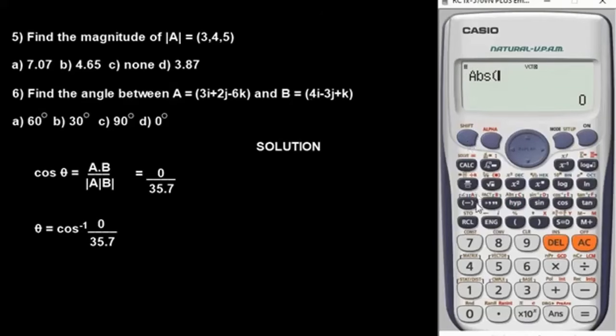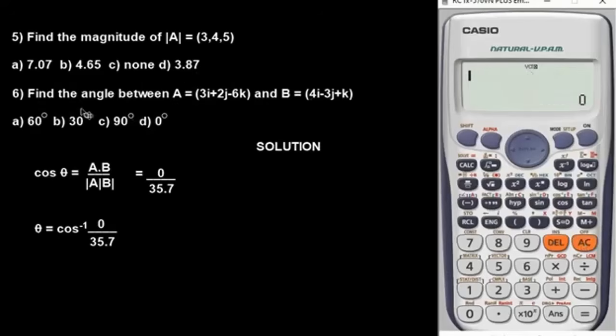So we press shift button 5, vector A, which is 3, and close the bracket. So let's press equal to now and get our answer. 7.07. So the answer to this question is option A. Very, very simple. So let's solve the last example in this slide, and after it we call it a class.